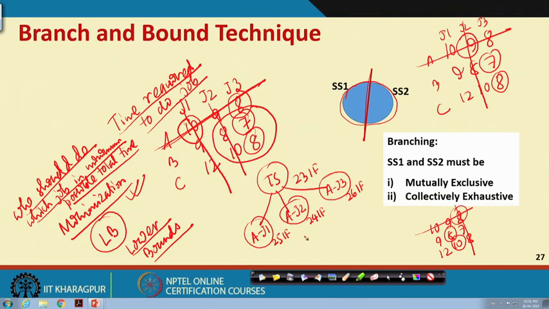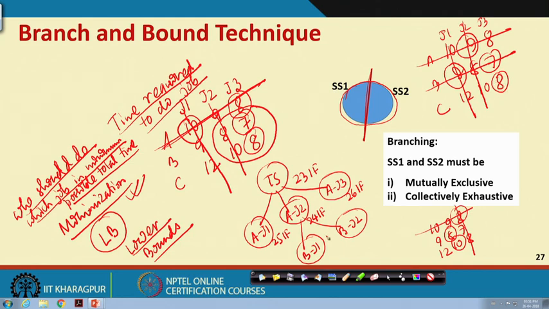Infeasible. Then if we go further, now B has to do either J1 or J2. So, look here, we find B to J1 and B to J2. So, we dig further. If now B does J1, this is also gone. So, B does J1, then C has got only one choice, C has to do J3 only.